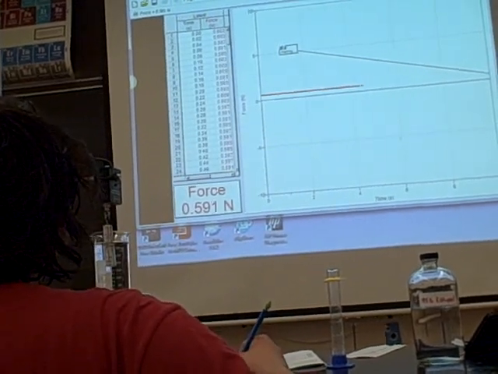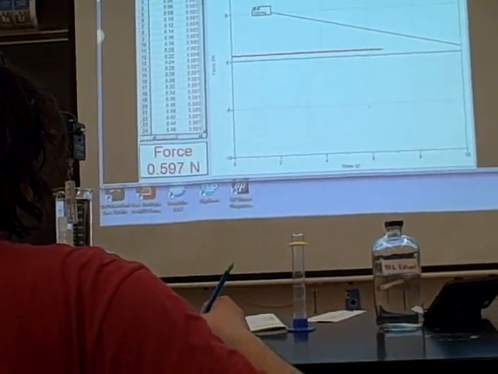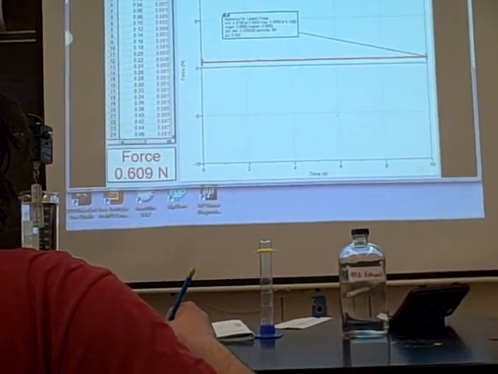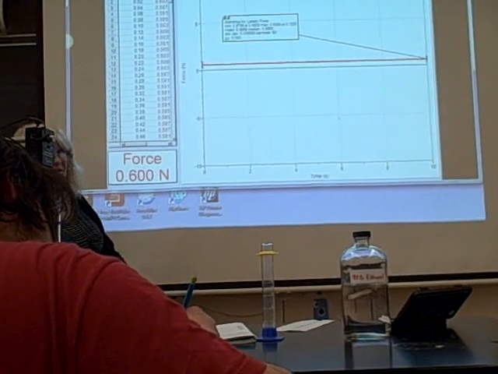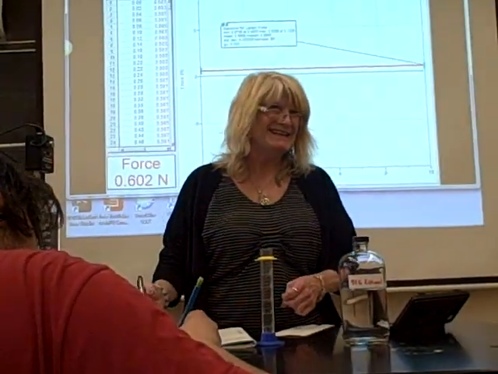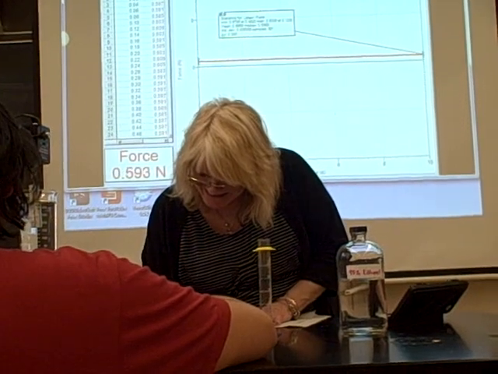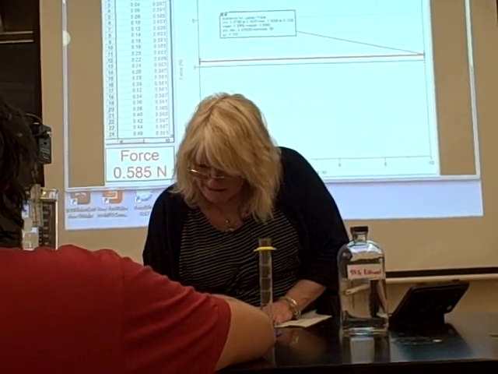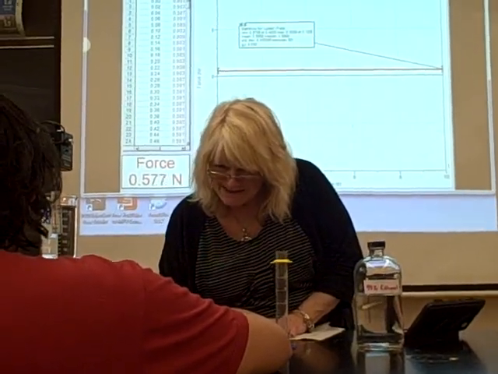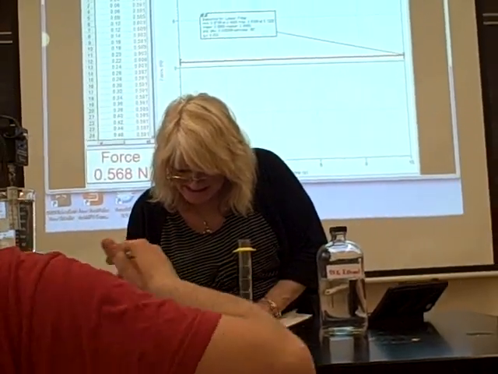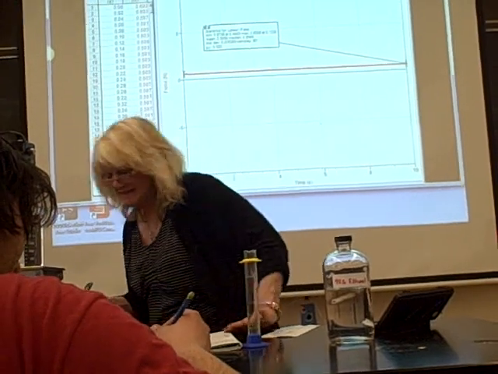Is that going to be 0.59 something? Yeah, 0.596. Is that what you said? I said 0.595, but I said 8. What did I say? 0.696? 596? 596. 696 would not make sense.